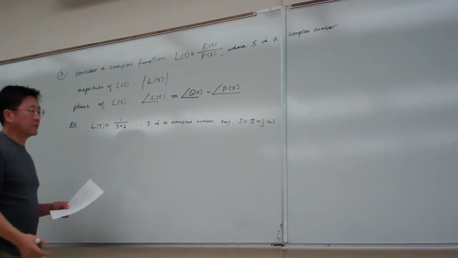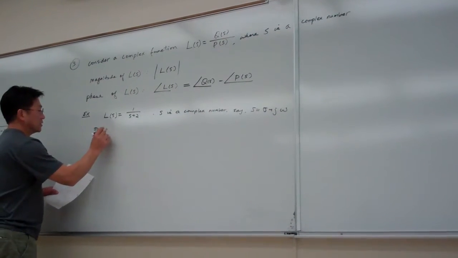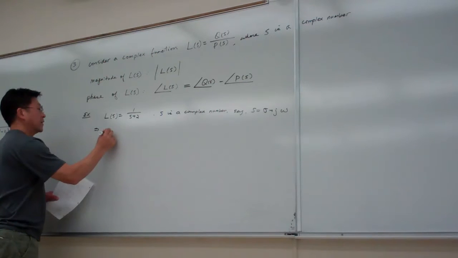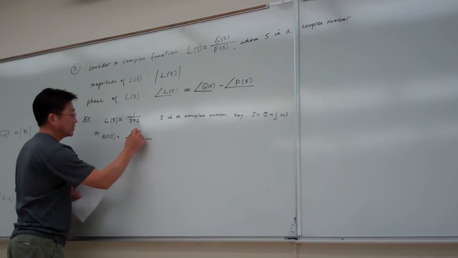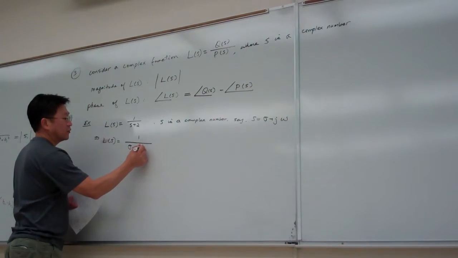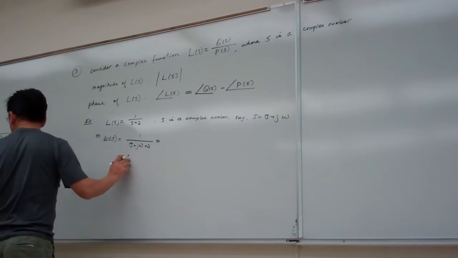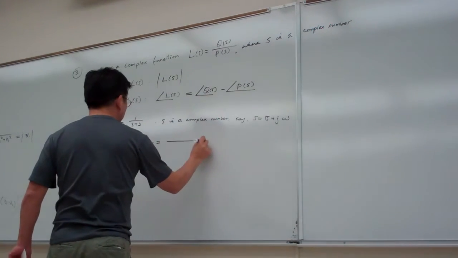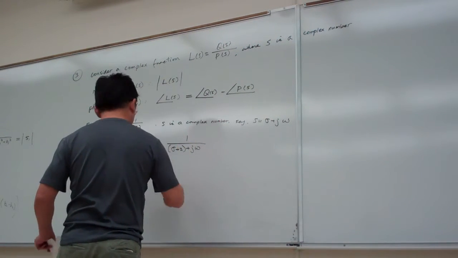Okay, any number here, we just use the symbols. So therefore, for L(S), we simply plug in those numbers here. So basically that is 1 over sigma plus J omega plus 2. And let me rearrange to have the real numbers together: sigma plus 2 plus J omega here.